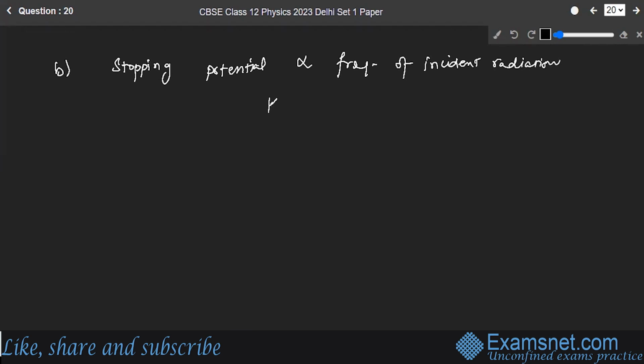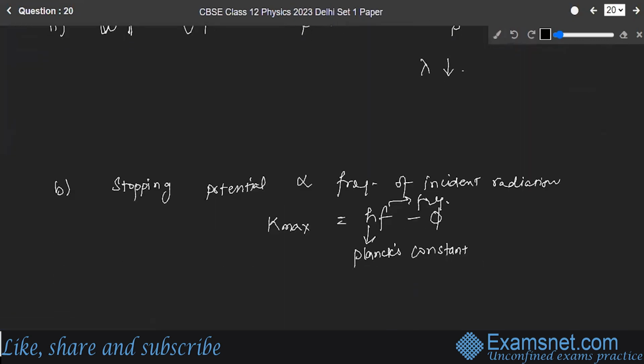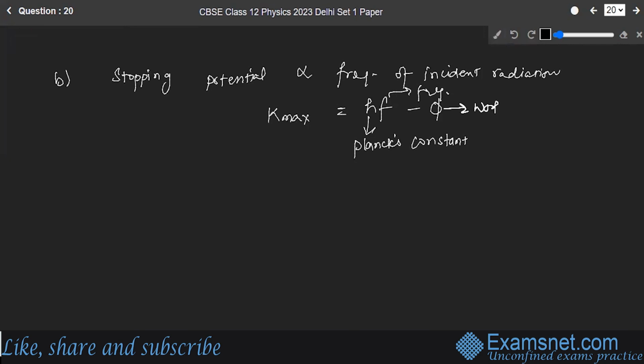That is, K max is equal to hf minus phi, where h is Planck's constant, f is the frequency of the incident radiation, and phi is the work function of the metal.